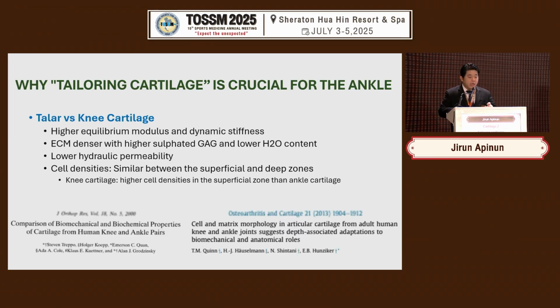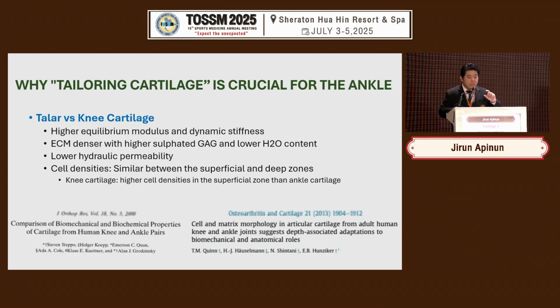And the character of the cartilage of the talus is different from knee cartilage, with a higher equilibrium modulus and dynamic stiffness, with a denser extracellular matrix, with a higher content of sulfated glycosaminoglycan and lower water content, with a lower hydraulic permeability.